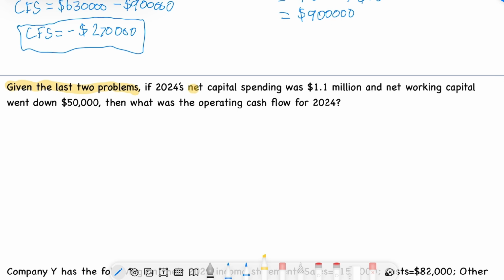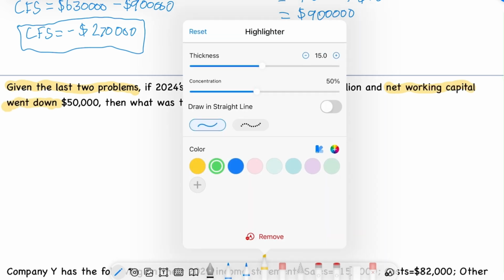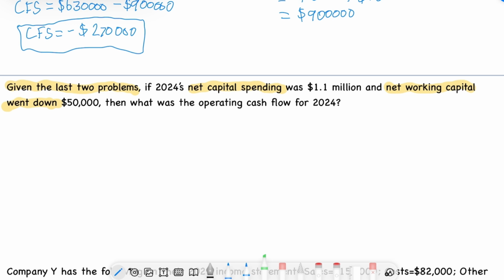We're given a net capital spending, and we're given our change in net working capital. We want to know what the operating cash flow was. In this case, we need to combine two equations to find our operating cash flow.